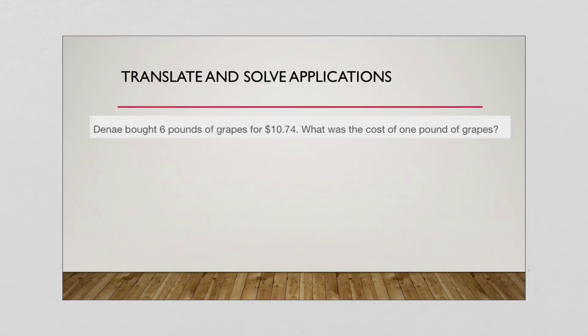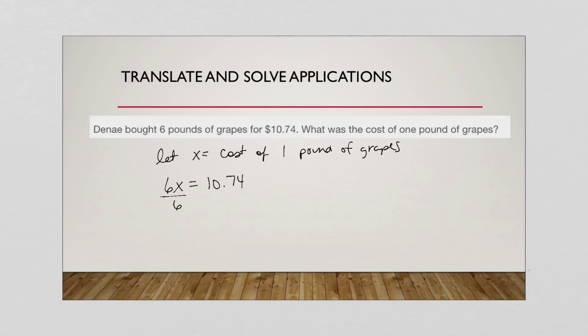All right, so now we're going to solve some applications. Danae bought 6 pounds of grapes for $10.74. What was the cost of 1 pound of grape? So if I let x equal the cost of 1 pound of grapes, she bought 6 pounds, so 6 times x is equal to 10.74.